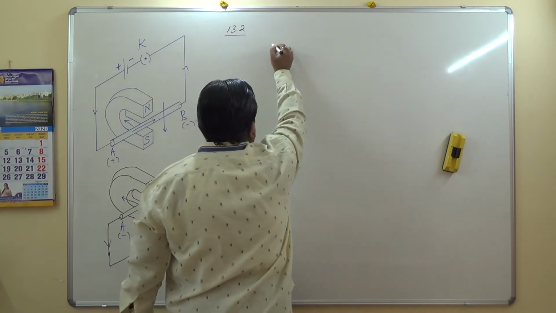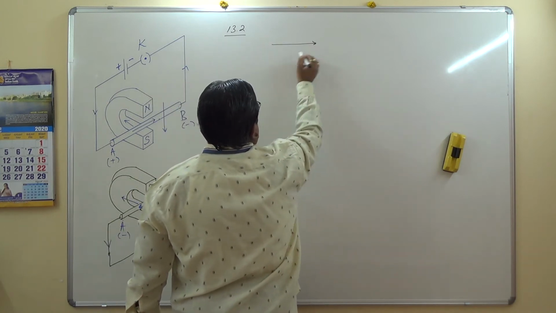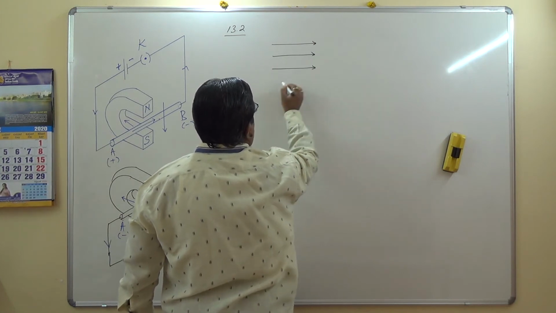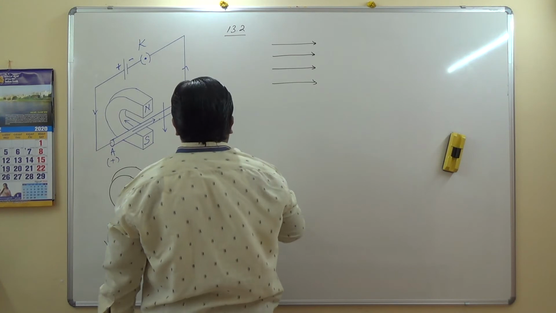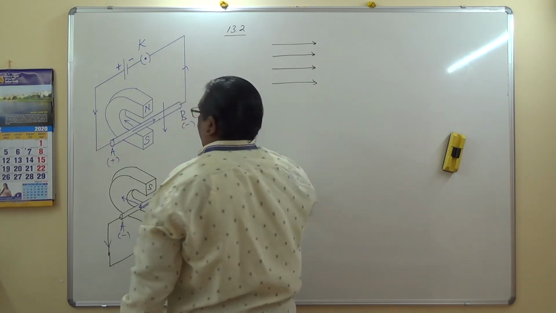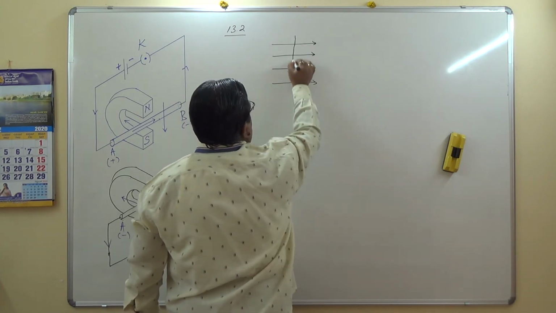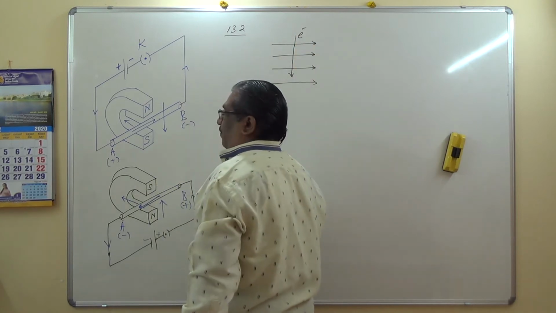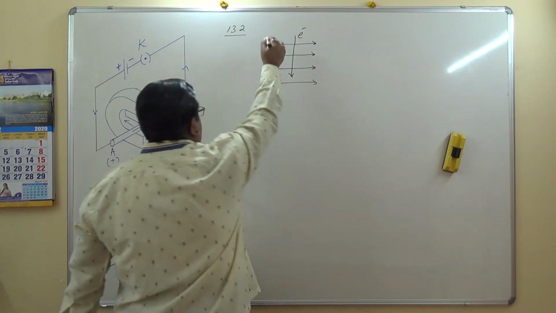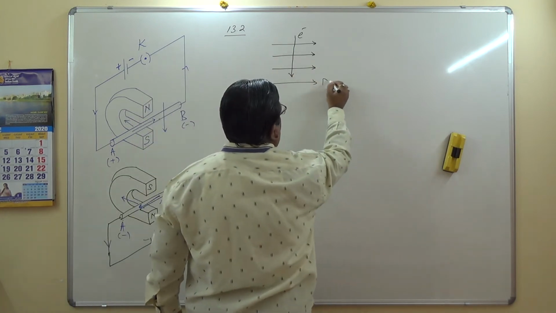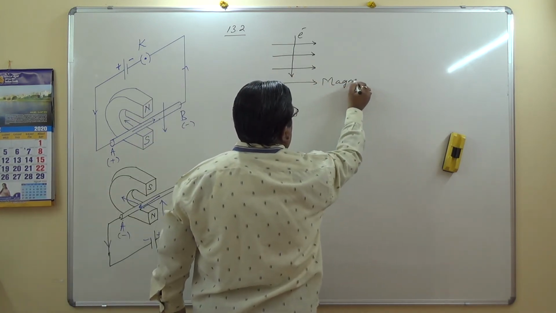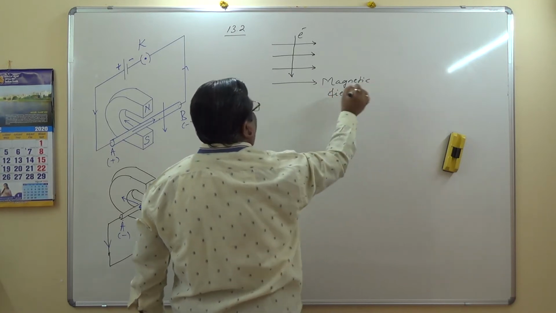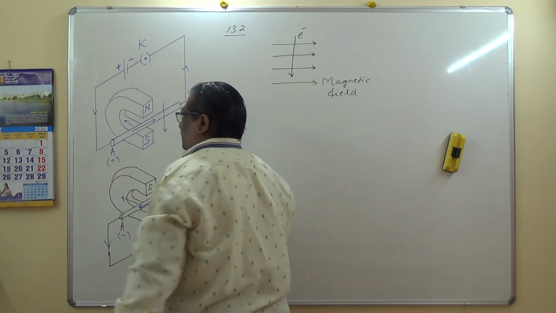Magnetic field directions are given like this, and remember the parallel lines always indicate uniform magnetic field, and in this an electron is ejected this way. This is an electron. So an electron enters a magnetic field. This is the magnetic field and this is the electron. It is how it is entering.